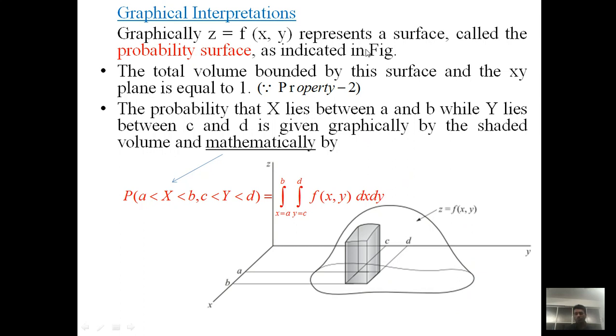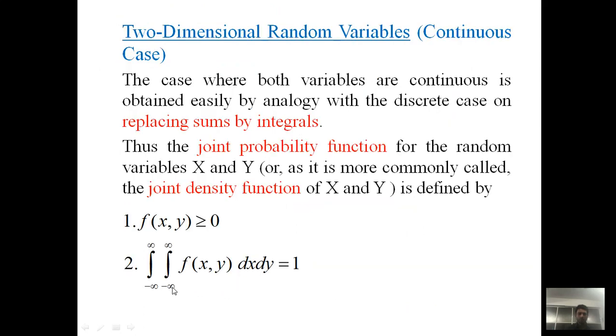The total volume bounded by this surface and the xy plane is equal to 1, because of this property: the double integral over the probability function must be equal to 1.